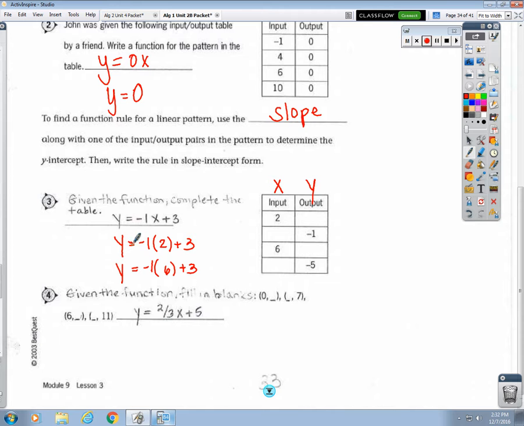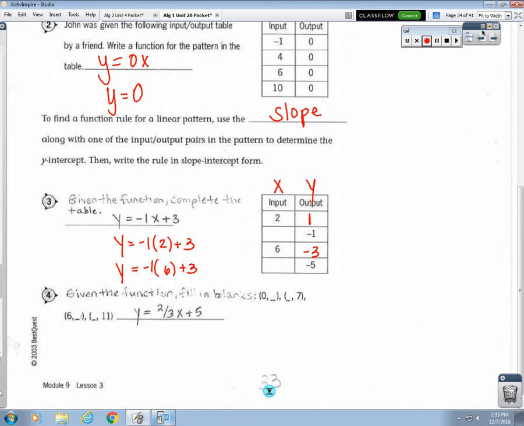So now I need to find out what y equals so that I can fill in the y column. What does the first one give me for y? 1. What does it give me when I input 6? Negative 3. Okay, so those are easier than what we're about to do. Because now look, they've given me the output value and I need to find the input value.